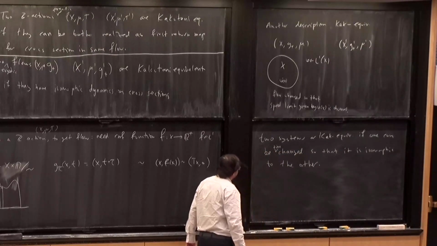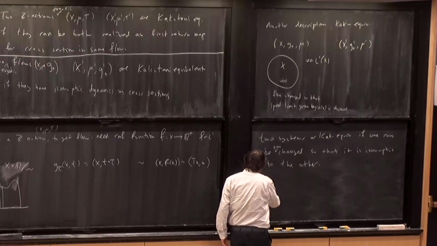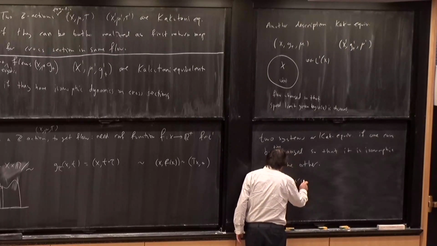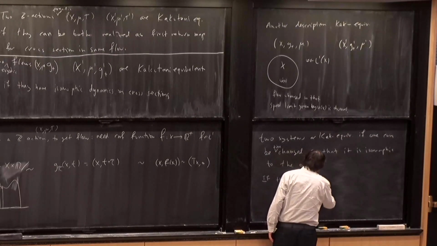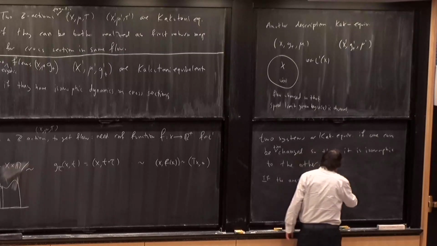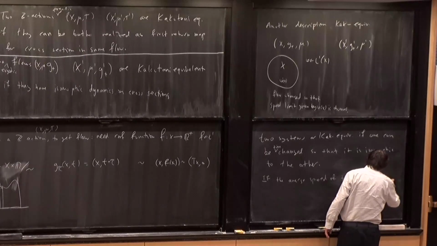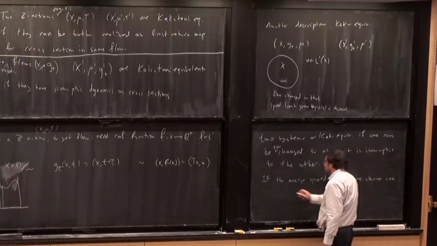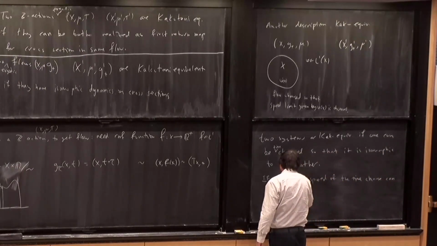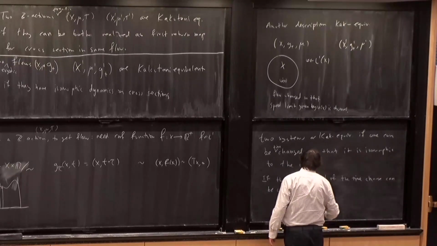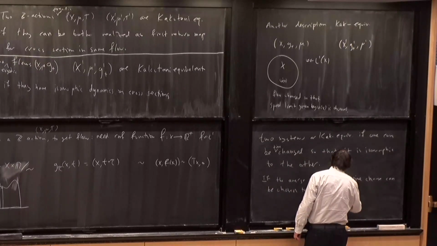And if the average speed of the time change can be chosen to be 1, then we say that the systems are evenly Kakutani equivalent.